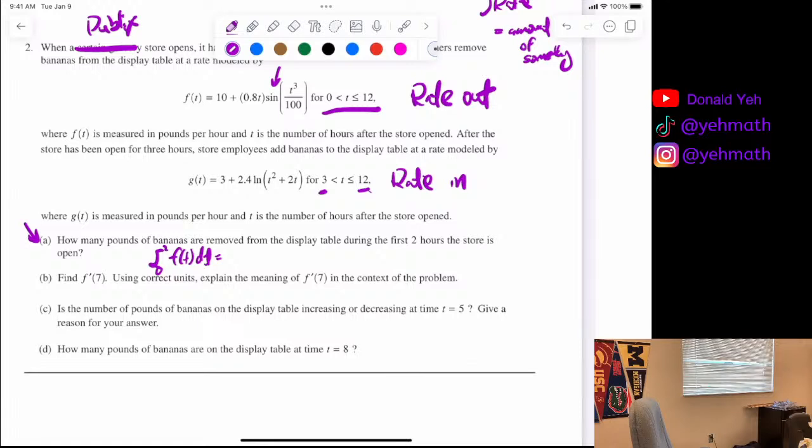You don't have to subtract it in, because this is what is removed. You got it. It's 3 decimal places, so keep it to 3 decimal places.